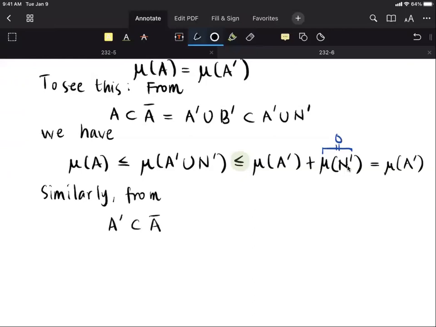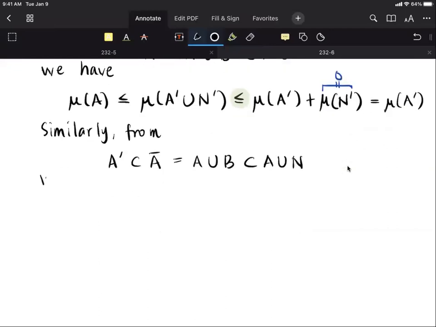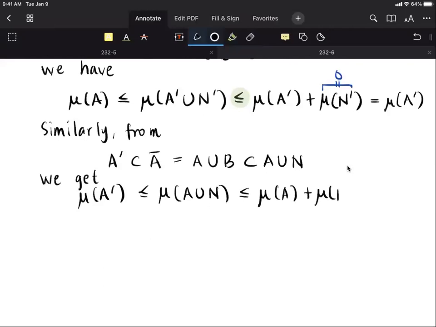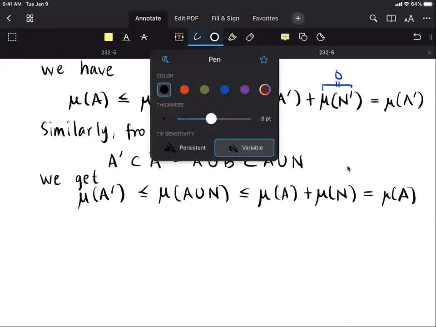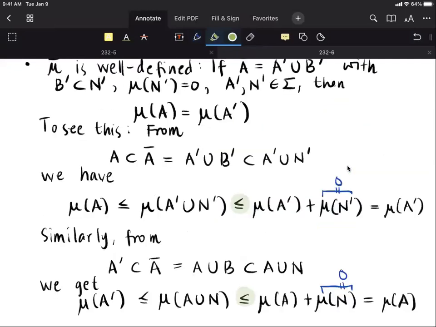A prime is a subset of A bar, but A bar is A union B. But B is a subset of N. So from this, we also get that the measure of A prime is less than or equal to the measure of the union of A and N by monotonicity, applying subadditivity, and recognizing that the measure of N is 0, you have the reverse inequality.